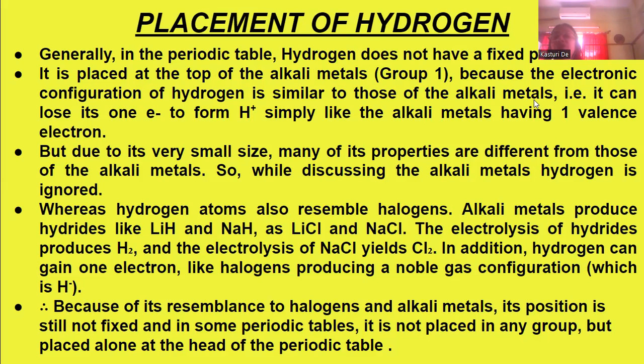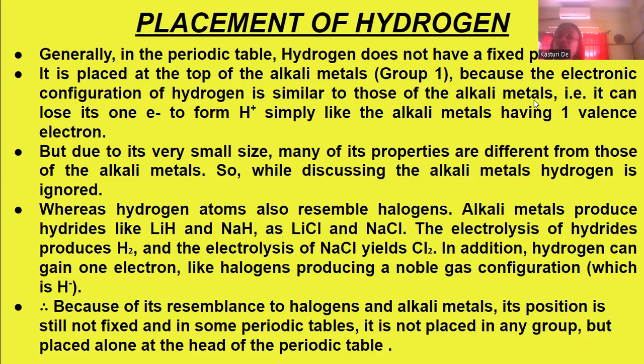But due to its very small size, many of its properties are very different from those of the alkali metals. So while discussing the alkali metals, hydrogen is ignored. That's why we don't mention hydrogen when we are discussing the alkali metals, because lots of properties of the alkali metals are not present in case of hydrogen due to its smaller size.